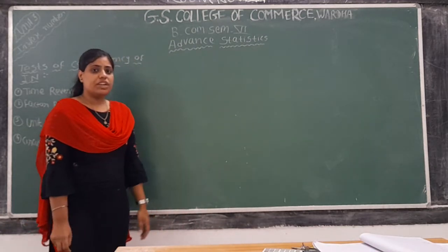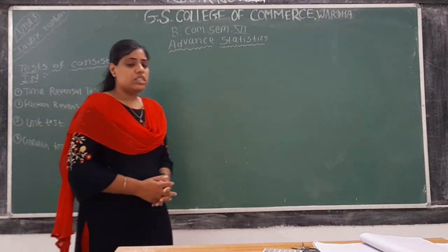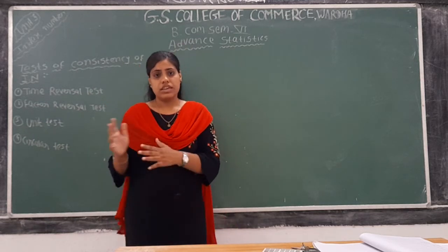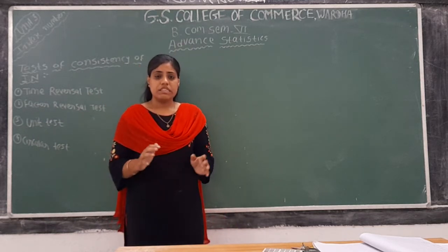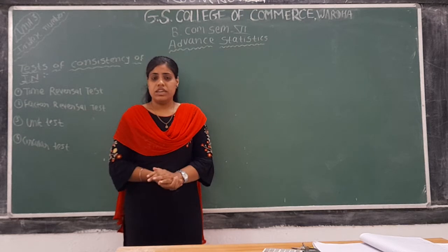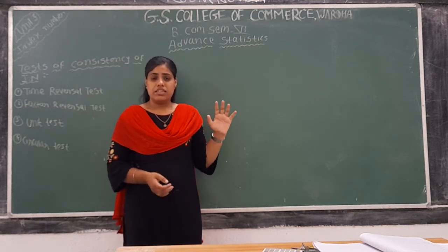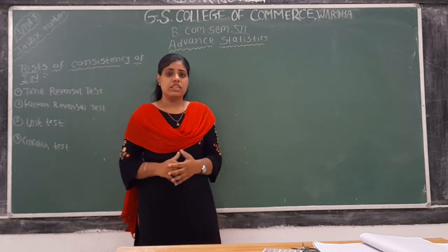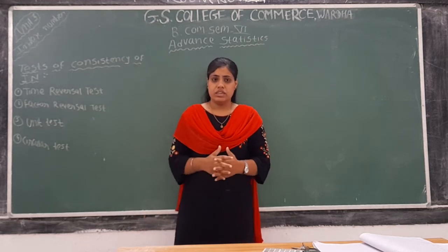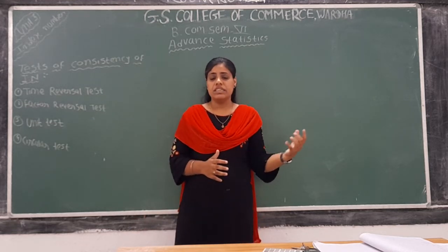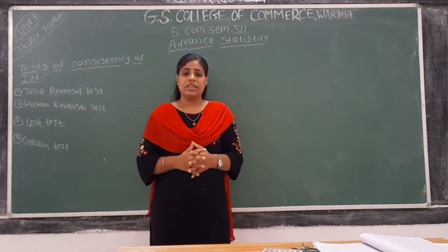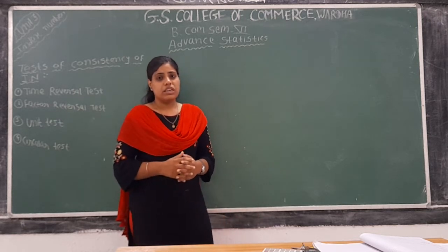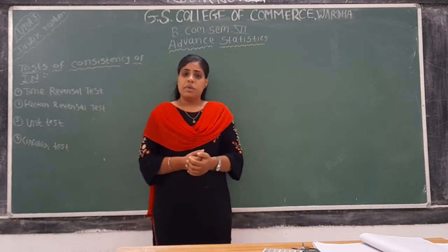Under this subject, we are dealing with our third unit, which is basically associated with index number. Under this, we have seen the different types of index number, basically categorized into two types, weighted index number and unweighted index number. Under unweighted index number, we have dealt with two methods, that is simple aggregate and simple average of price relatives.